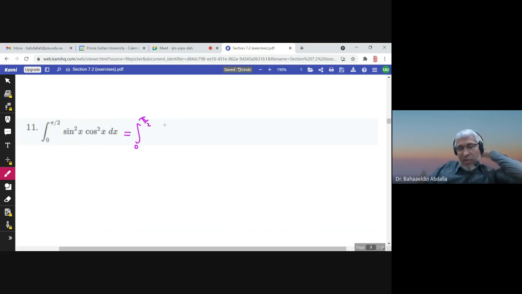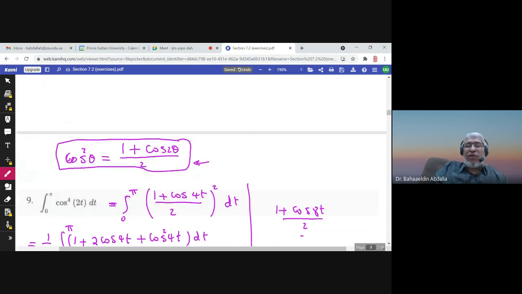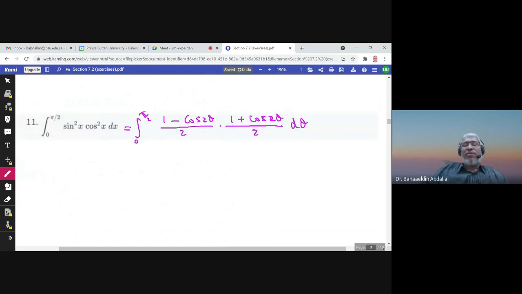So sine square is 1 minus, not 1 plus, cosine 2 theta over 2, and cosine square is 1 plus cosine 2 theta over 2. So we just wrote the formula of sine square and cosine square. Okay. 2 times 2 is 4 and I can take it out.